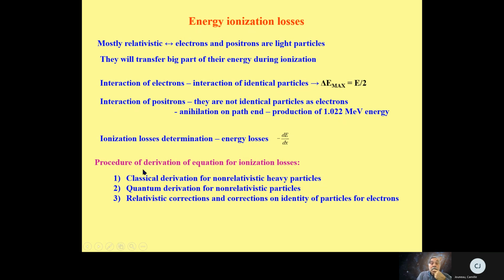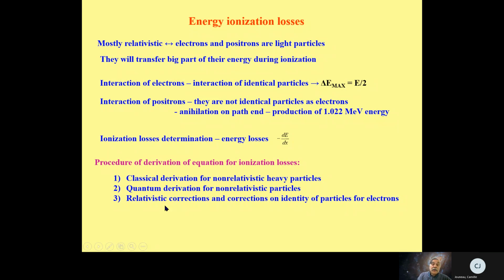It's possible to derive an equation for ionization losses, and I will show you the classical derivation. But it is necessary to say that this classical derivation is for non-relativistic and also for a heavy particle. I will say why for a heavy particle. That means it is not for electrons and positrons. There is also a quantum derivation for a non-relativistic particle.